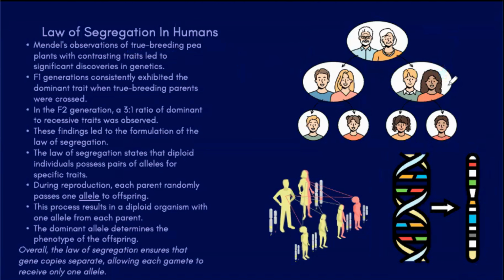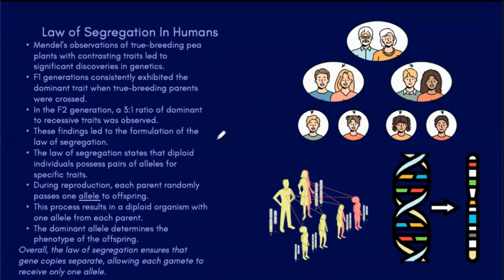When there's true breeding, they'll notice that there's unique characteristics. And then F2 is from the first generation to the second generation. He discovered that certain recessive traits would show up in those offspring. And so that's how he led to the formulation of the law of segregation, which you'll see once you do things called Punnett squares.